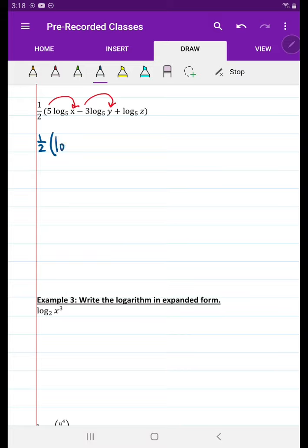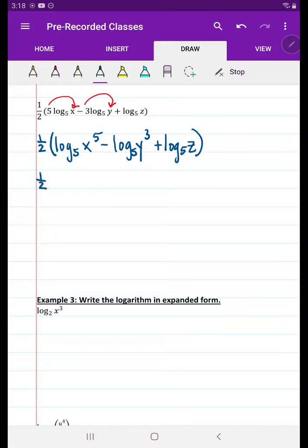So that'll give me log base 5 of x to the 5th minus log base 5 of y cubed plus log base 5 of z. Okay, and so now I can combine those into one logarithm.